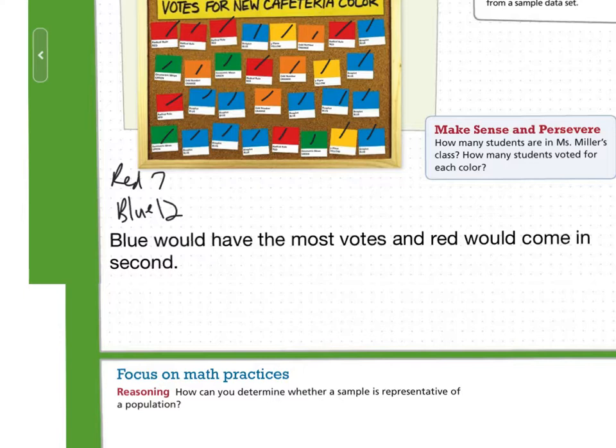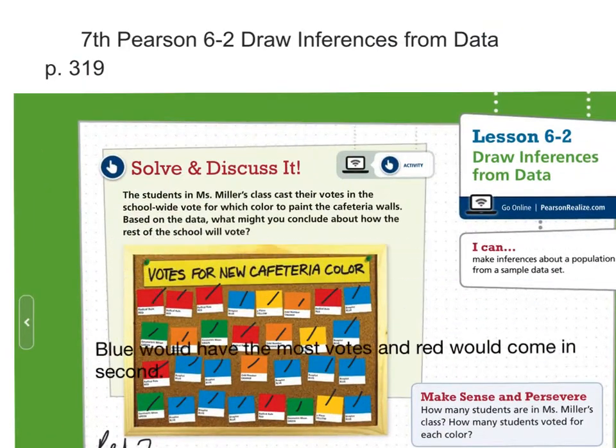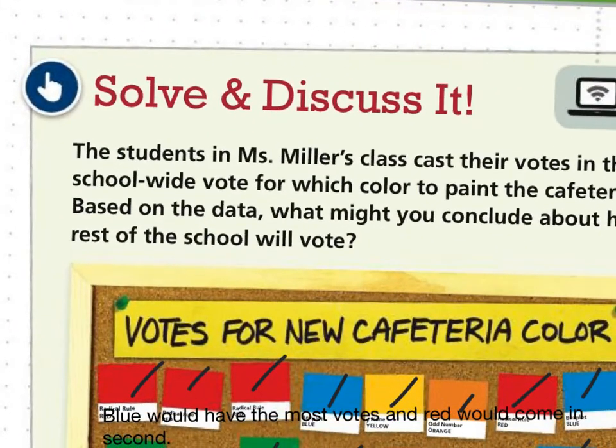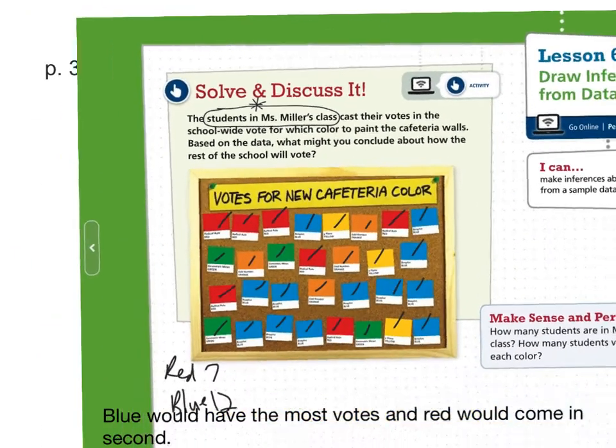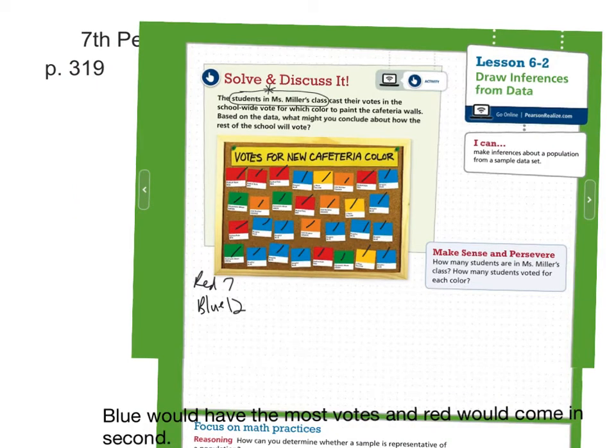I don't know how big the whole school is, but if you look back at the question, they only asked the students in Mrs. Miller's class. So they're only asking people in one class, and it's probably not the best sample that we could get. So your conclusion would be that you can't make a conclusion because it's not a representative sample.